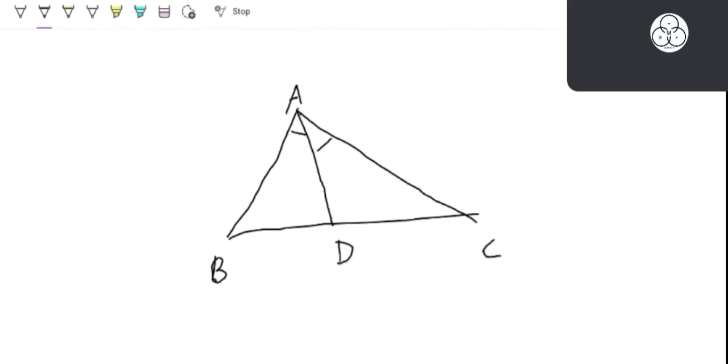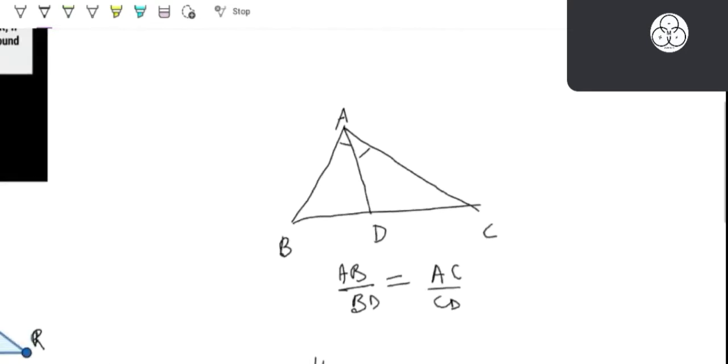We have a very well known relation that AB over BD equals AC over DC. This is the angle bisector theorem.